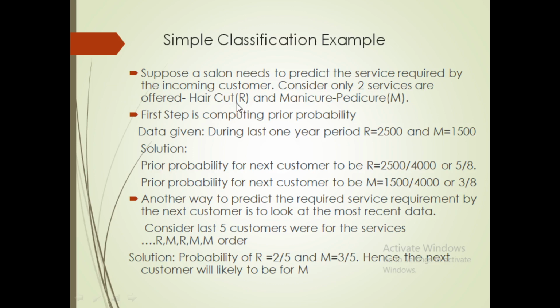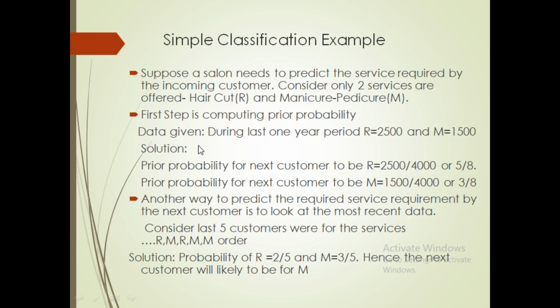That is a haircut, which is represented with R, and manicure pedicure, which is represented with M. How we will solve this problem is, first, computing the prior probability. Data given to us is, during the last 1 year period, R is 2500 and M is 1500.